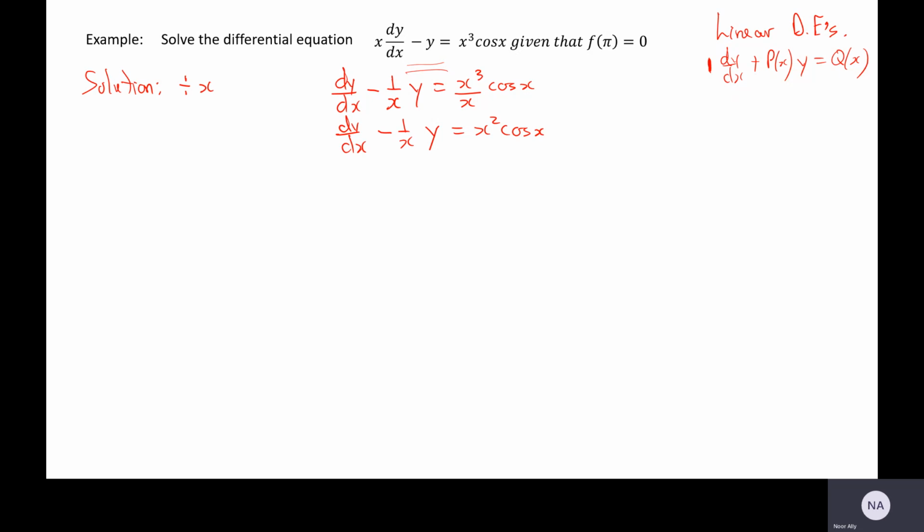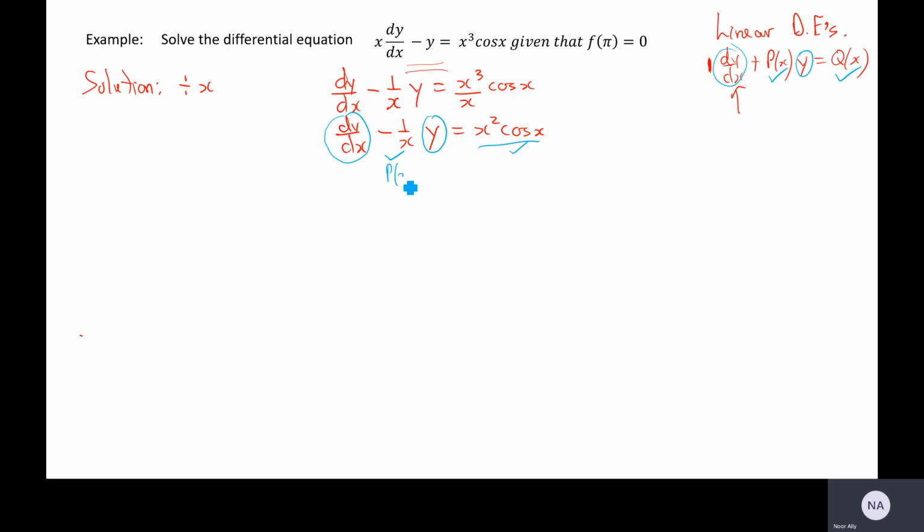Now I hope you can see why I did not put the x as a denominator of the y, because there's my dy/dx. Let me get another color, maybe you'll see that a little better. There's my dy/dx, there you go. There's my y, which means p of x is that part and q of x is that part.